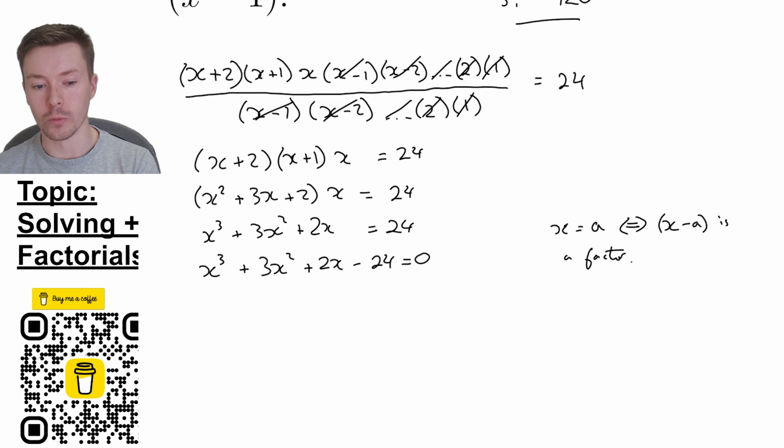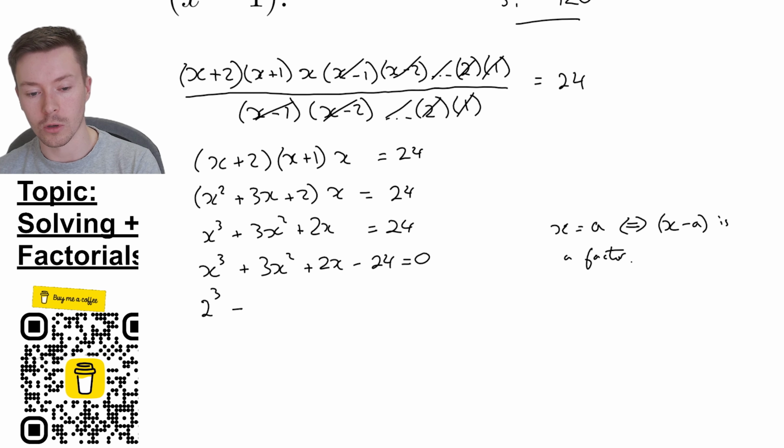Let's try 2. 2 cubed is 8. 2 squared is 4. 3 times 4 is 12. I've got 8 add 12, which is 20. And then 2 times 2 is 4. So I've got 20 add 4 minus 24 is 0. That does work.